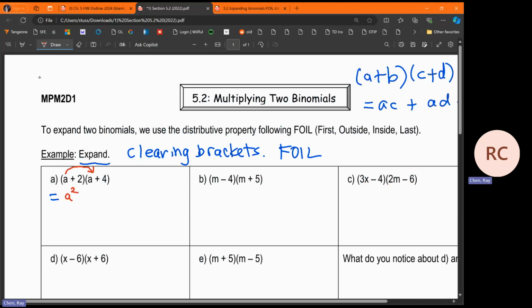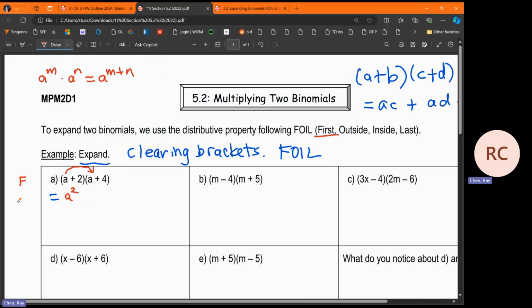To recall a grade 9 concept, for variables that have the same base and are multiplying, we can add their exponents. The first a has an exponent of 1, the second a has an exponent of 1, 1 plus 1 is 2. That is the fast way of using the exponent rules. The a's are the first terms.